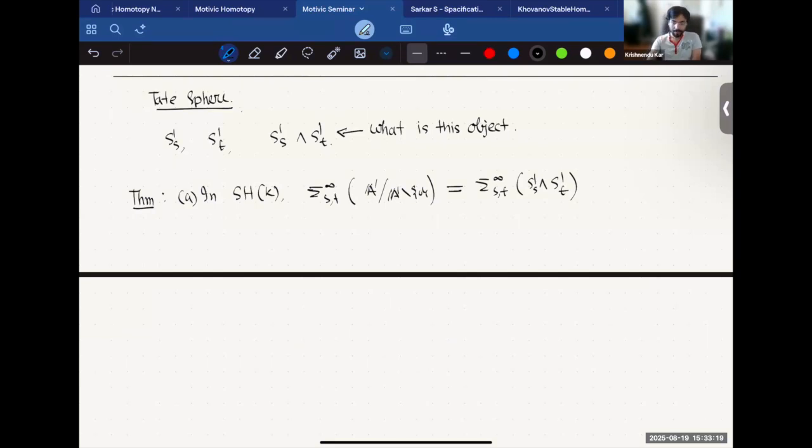Yeah. Why is this true? Let's talk about it. So note that we have the following homotopy cofiber sequence. A1 minus a point included in A1. And then you take its homotopy cofiber, you'll get something like A1 over A1 minus 0.